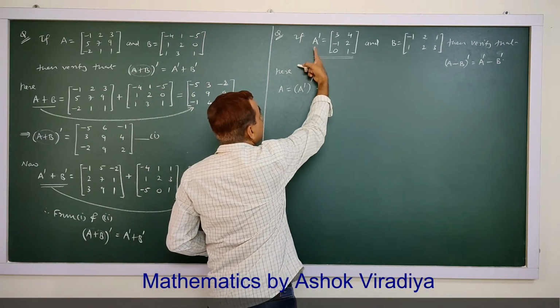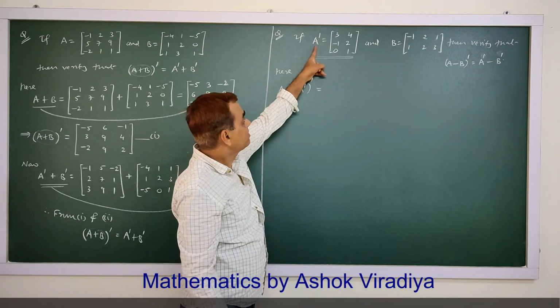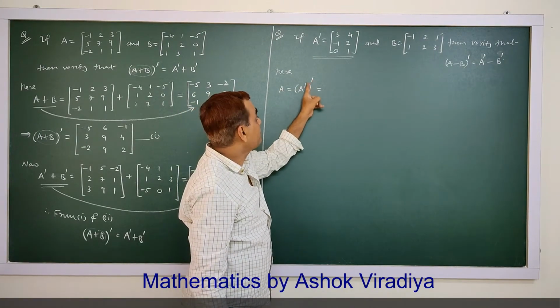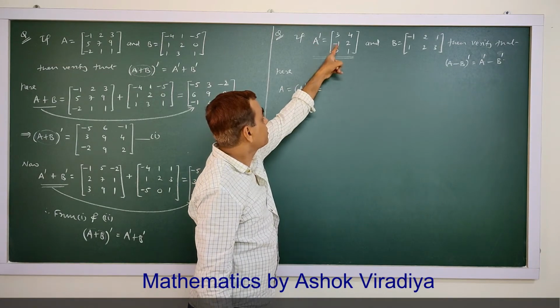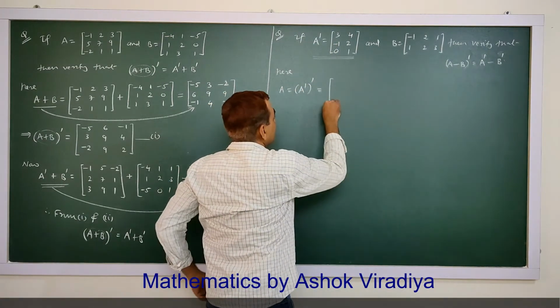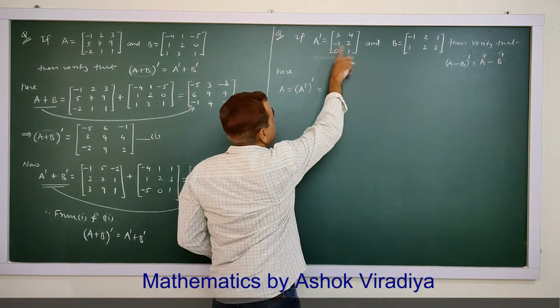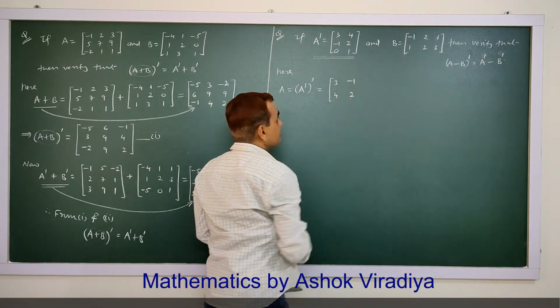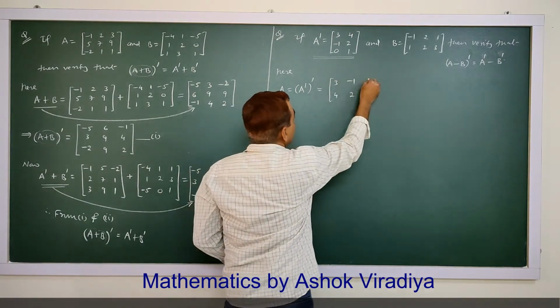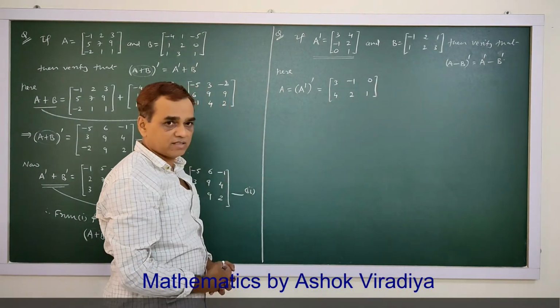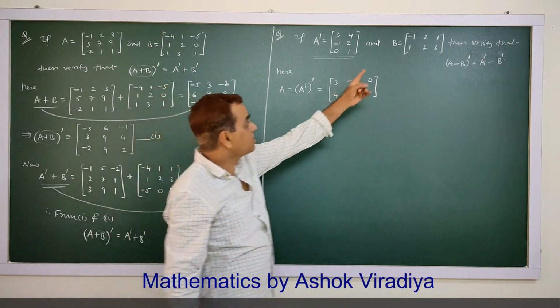Now see here, the transpose of A is given. Now what are we doing? We are taking the transpose of this matrix. So first row is first column. Second row is second column. Third row is third column. So this is A. B is already given.